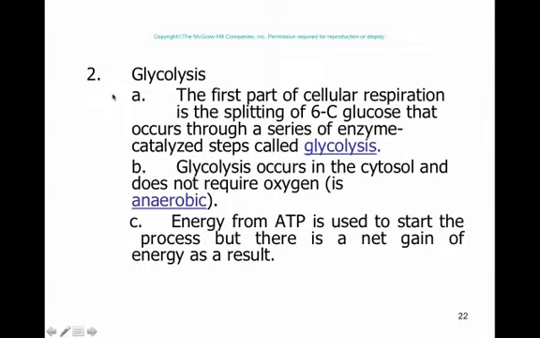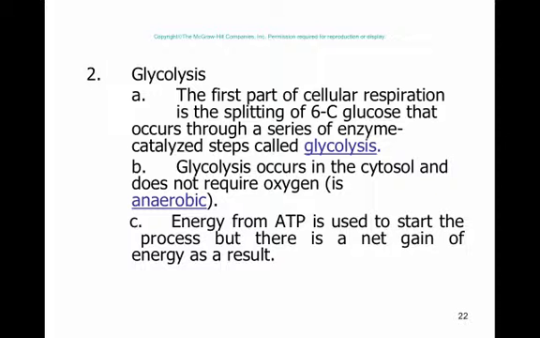So glycolysis is the first part of cellular respiration, and it splits the 6-carbon, so 6C means 6-carbon glucose, through a series of enzyme-catalyzed steps called glycolysis. What did the suffix lysis mean? Remember, it swelled until what?